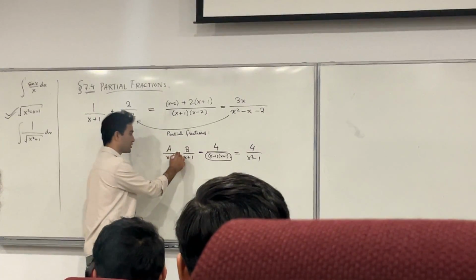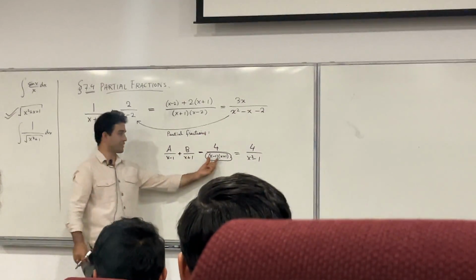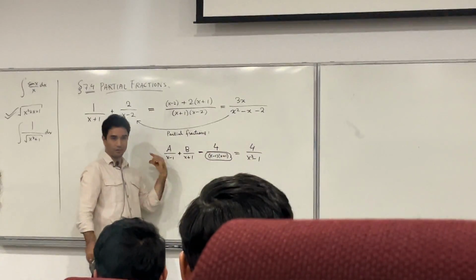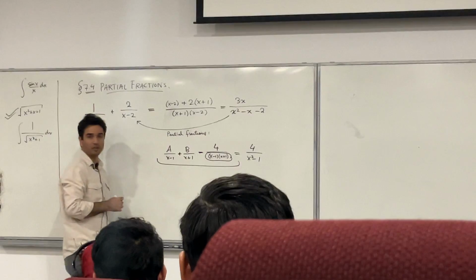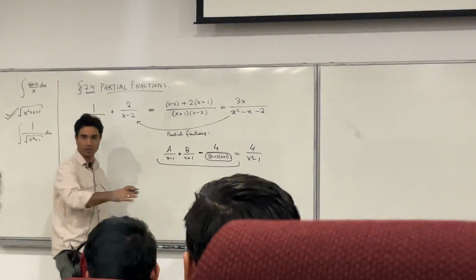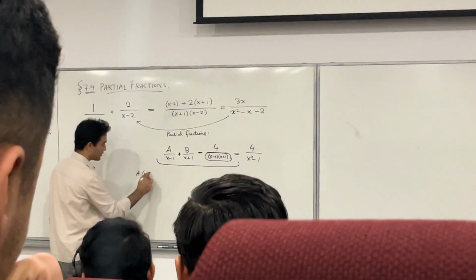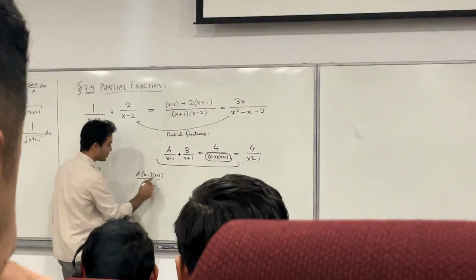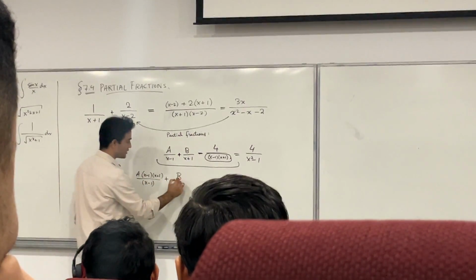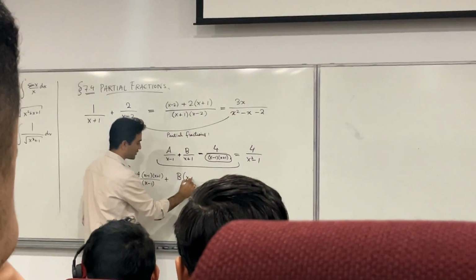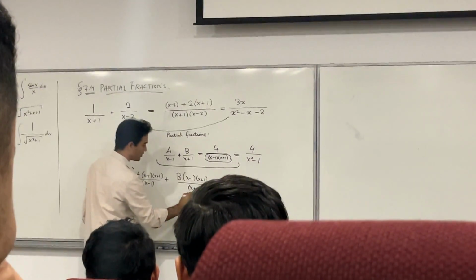Maybe I'll show you a simpler way. So basically, if you multiply by this expression, x minus 1, x plus 1 everywhere, what do we get? Let's multiply by the denominator and clear the denominators, right? So I'll get a times x minus 1, x plus 1, but a was over x minus 1. And then there is b times x minus 1, x plus 1, and b was over x plus 1.